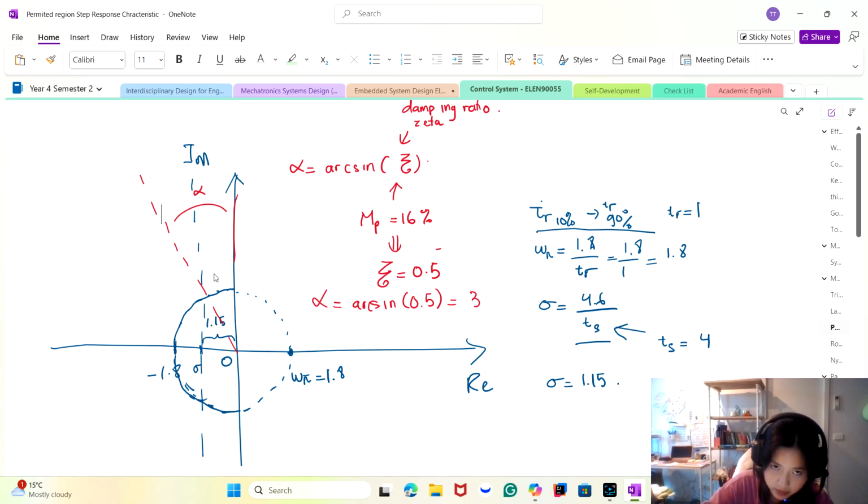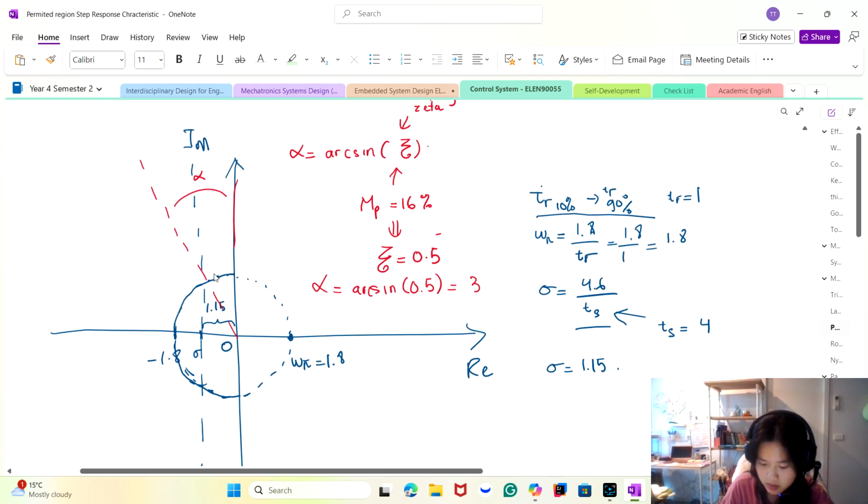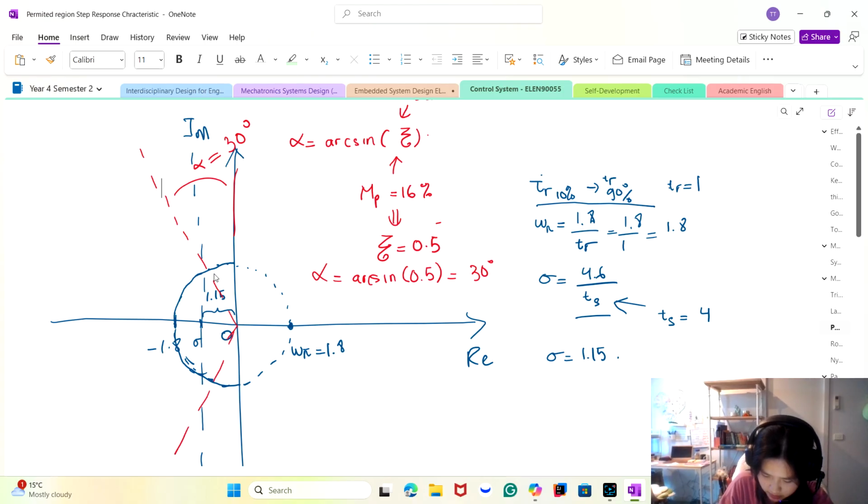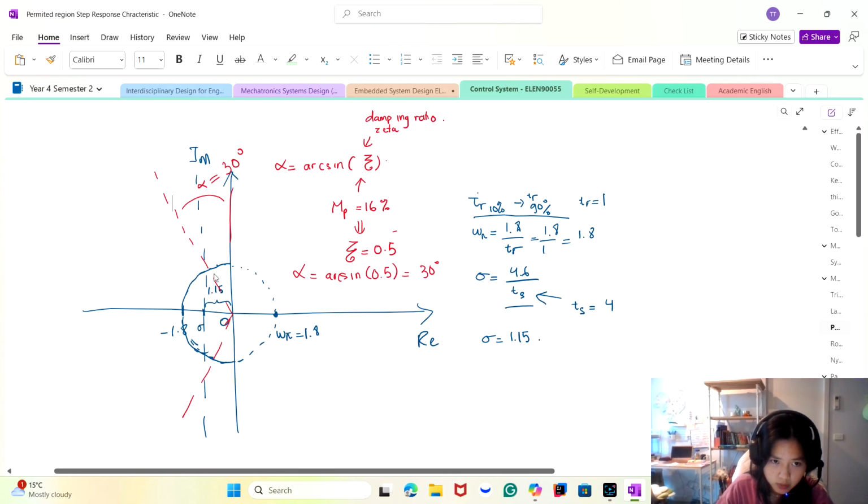So your alpha up here is 30 degrees. Since the graph has to be symmetric, you're gonna have another angle down here, which is also equal to 30 degrees.